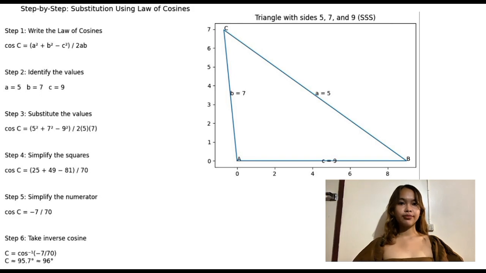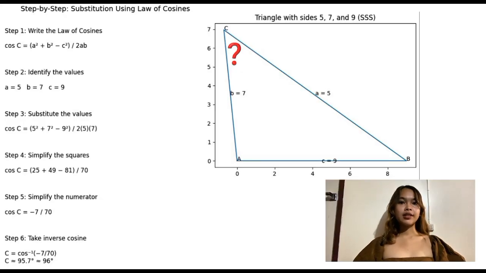Given values. We identify the given values. Side A is equal to 5 units. Side B is equal to 7 units. Side C is equal to 9 units. The longest side is 9 units, so we are finding the angle opposite of this side.